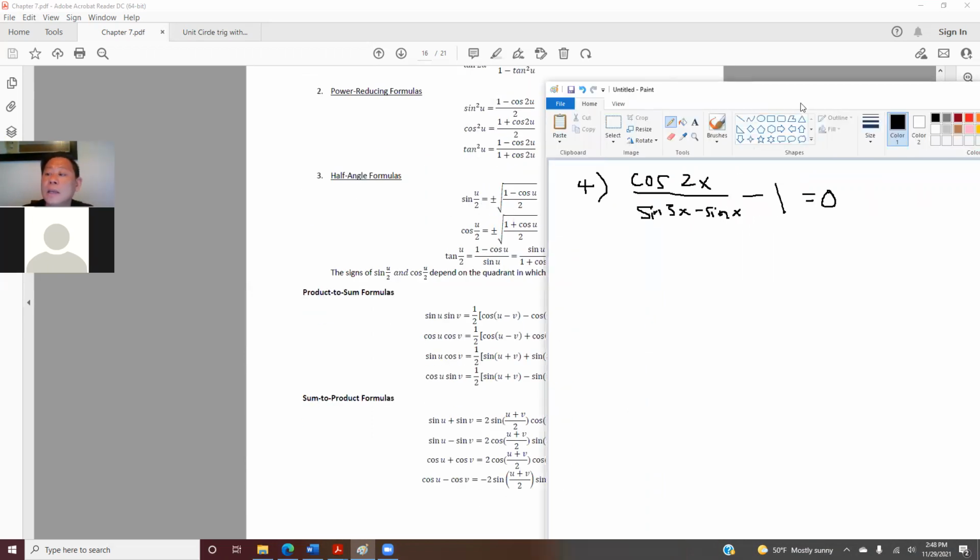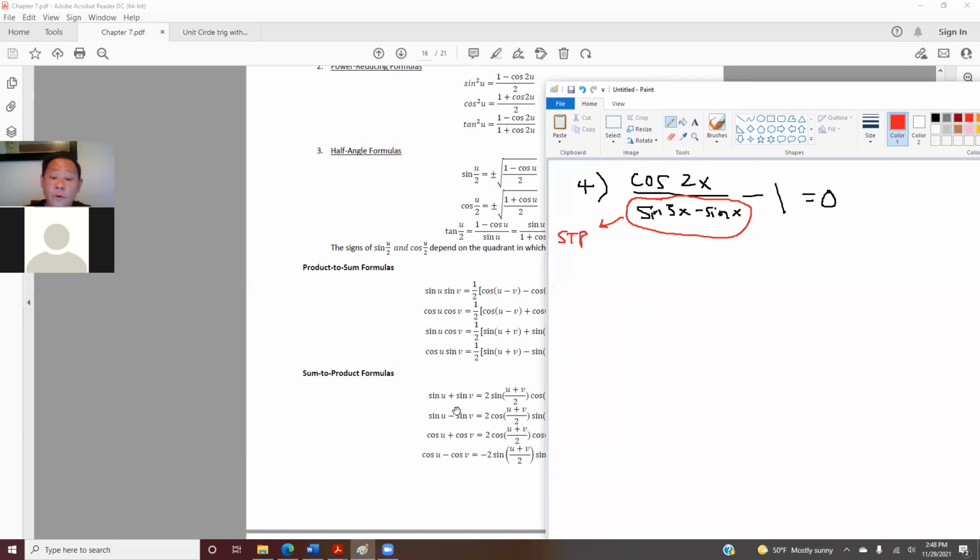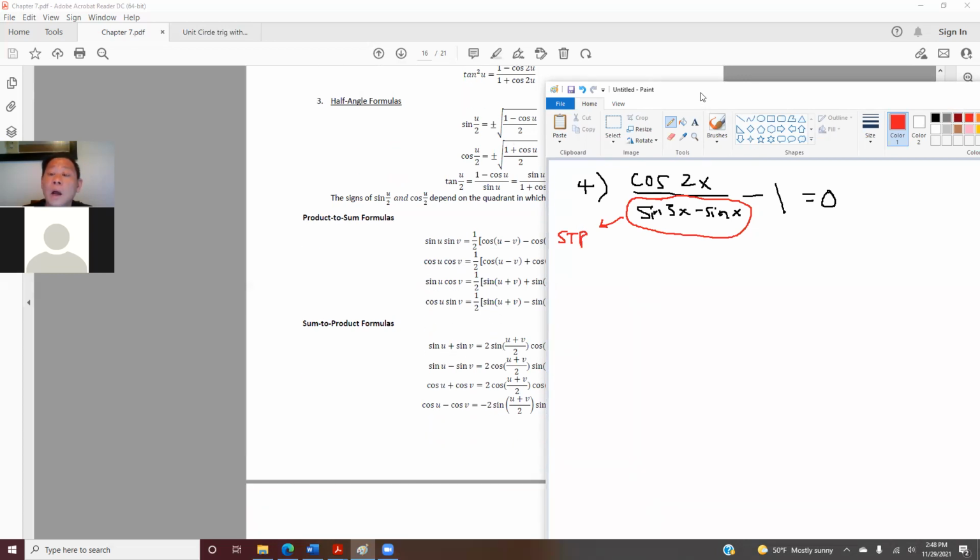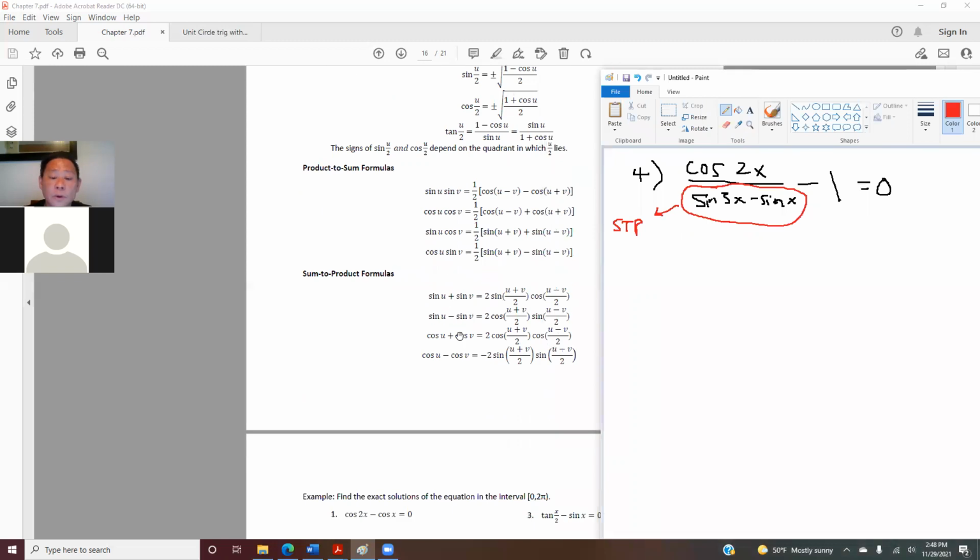If you look at your denominator, this is a difference of sines, so we will use the sum to product formula, number 2, because this is sine minus sine.